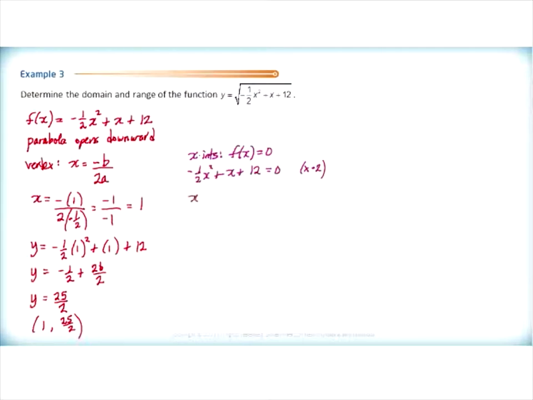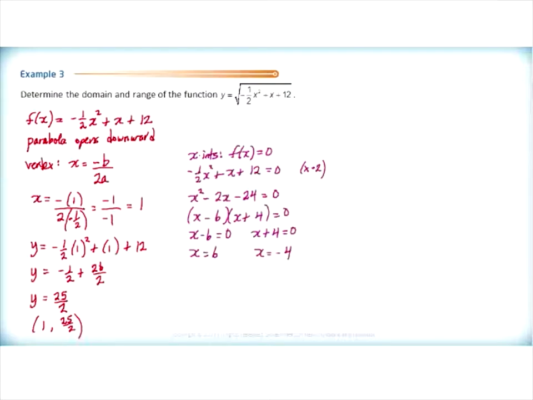So we have x squared minus 2x minus 24 is equal to 0. This can be factored as x minus 6 times x plus 4 is equal to 0. So x minus 6 equals 0 when x is equal to 6, and x plus 4 equals 0 when x is equal to negative 4.